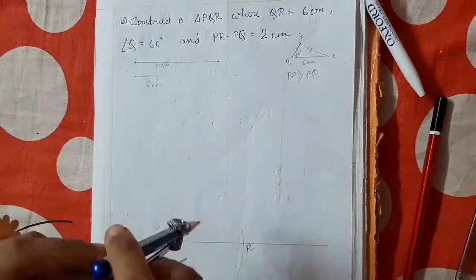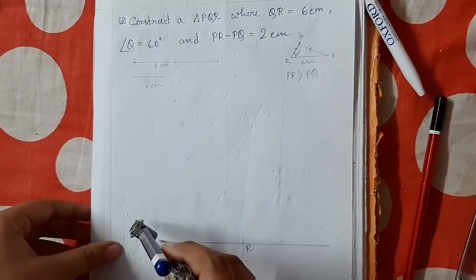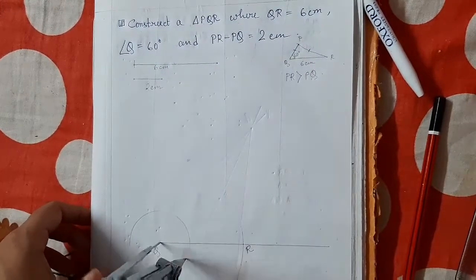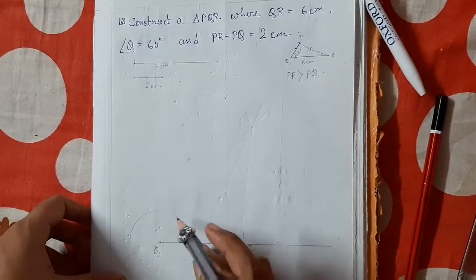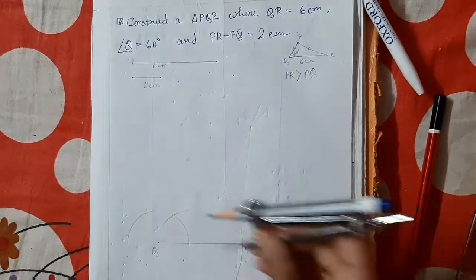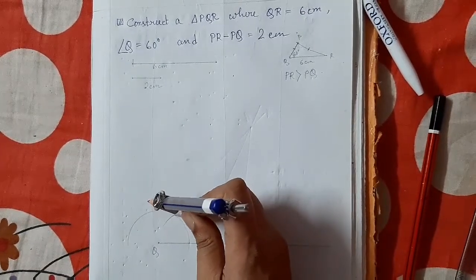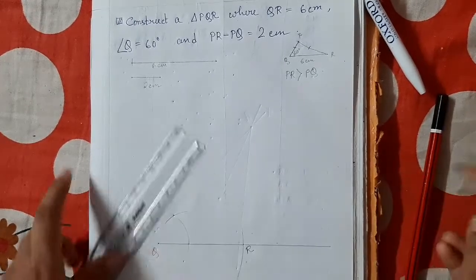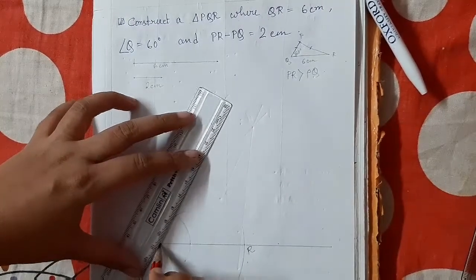You know how to draw 60 degrees with a compass. It is very easy. Just draw a semicircle without changing the radius and cut it just once. This will be our intersecting point. Join it with Q.